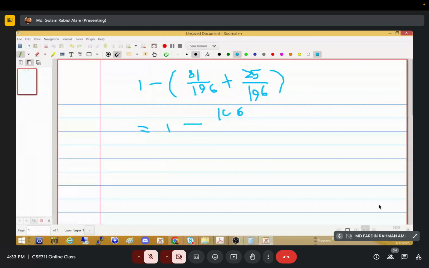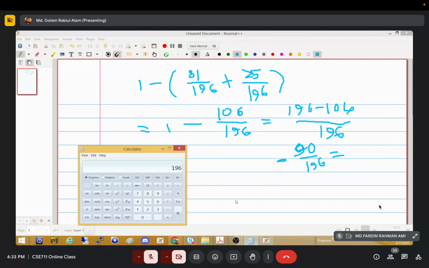It means 196 minus 106, divided by 196. It means 90 by 196.